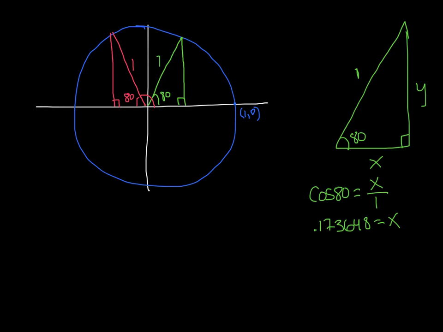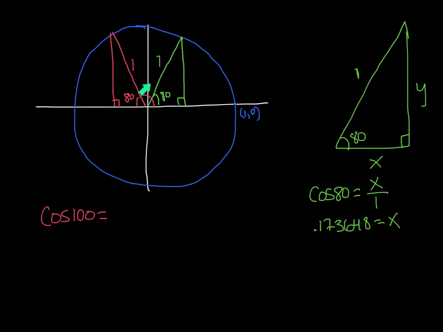It's the same thing. And what does that mean about the cosine of 100? Well, it's the same magnitude as the cosine of 80, so it should be 0.173648. But if you'll notice, the cosine of 80 is in the positive x direction, but what's happened now?